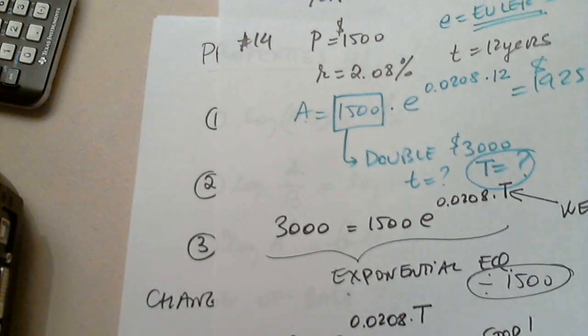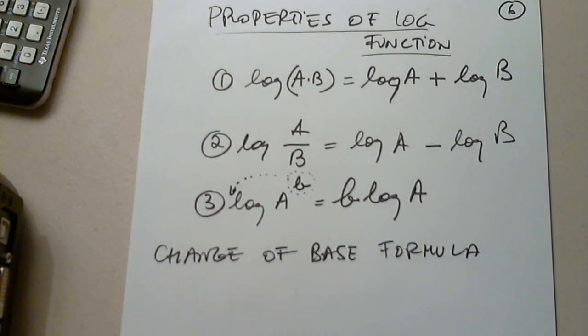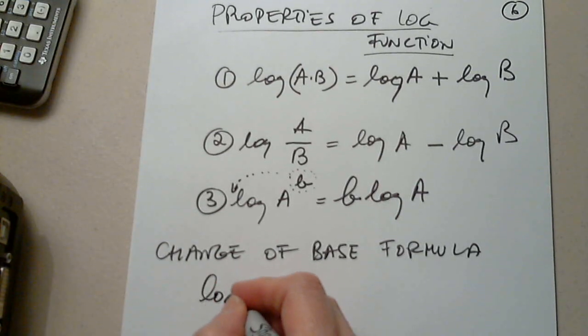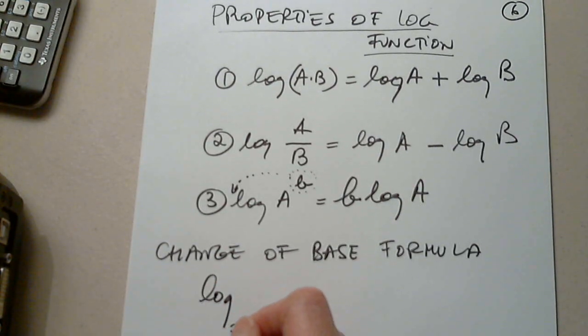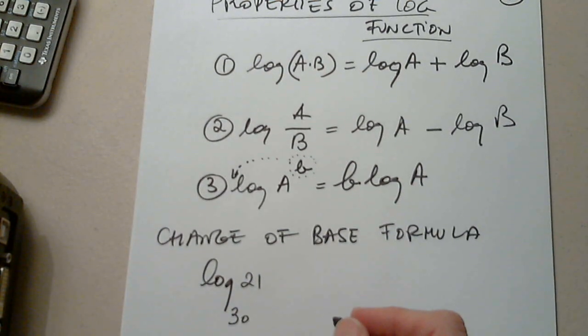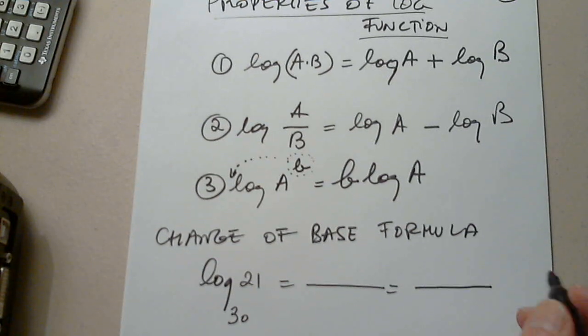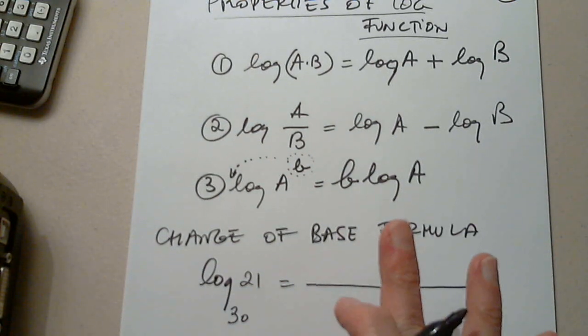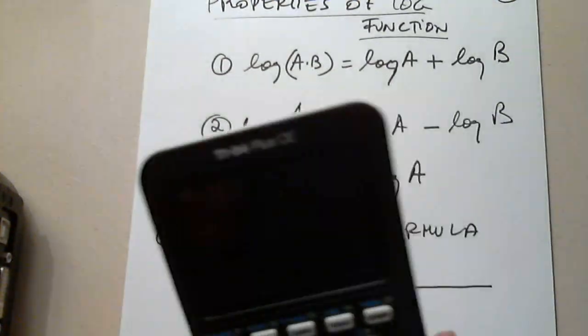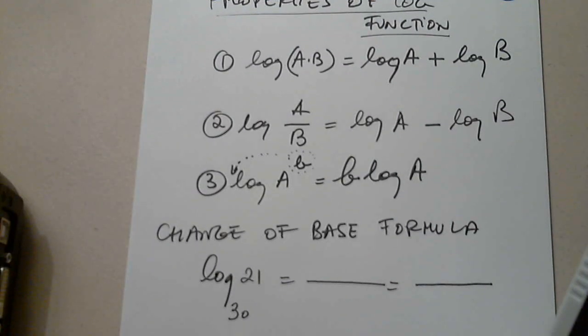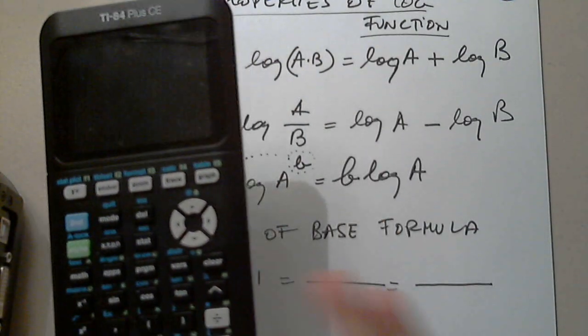Last one before we come back is the change of base formula. So if I have, let's say, log base 30 of 21, no one can do this by hand. So it equals... two different options. You can use the sophisticated calculators, plug in the base and that number, and you get the answer.